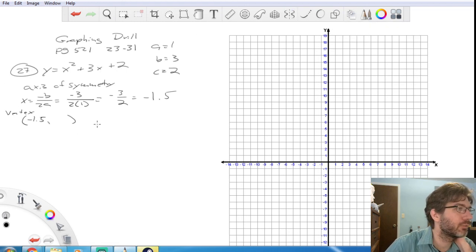Here we're going to plug in negative 1.5 to find our vertex. The whole thing is getting squared, so negative sign included.